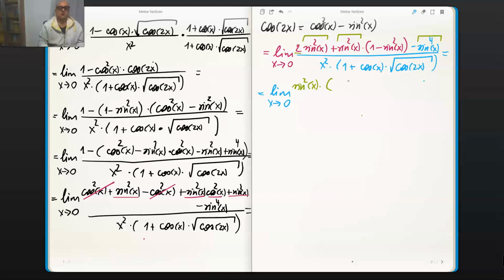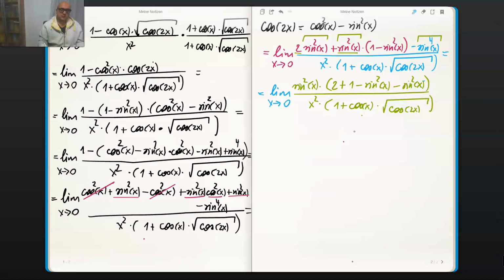From this one we would have only 2 remaining, plus this one is gone, so the parentheses remain, 1 minus sine squared of x. And from sine to the power of 4, we have sine squared of x remaining as well. And we're dividing it by x squared times 1 plus cosine of x times square root of cosine of 2x. And we close the parentheses.